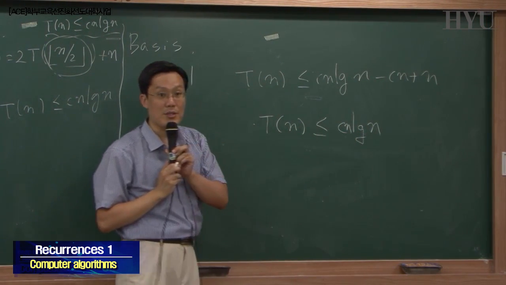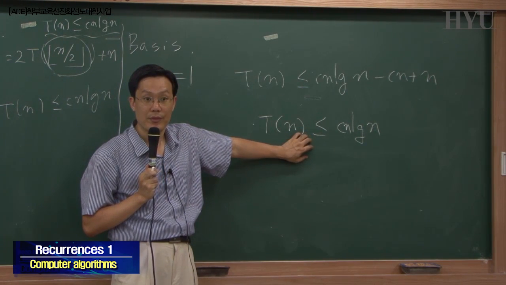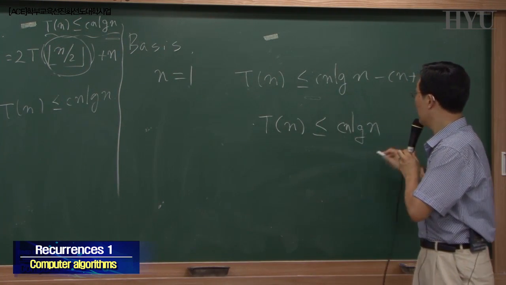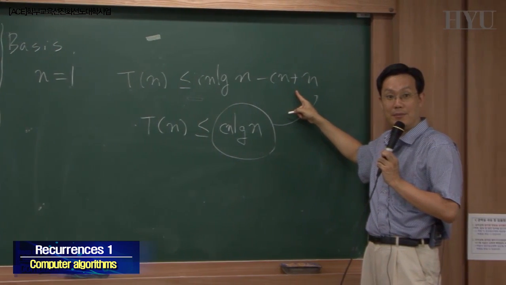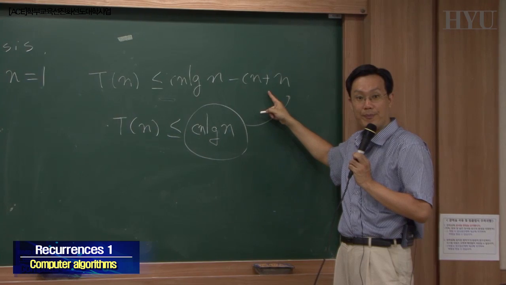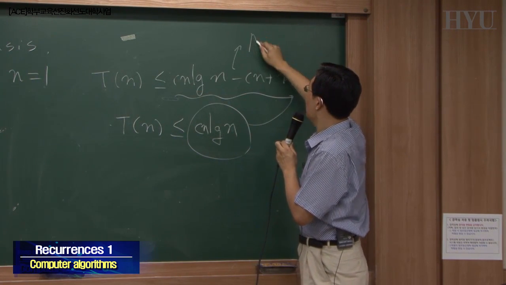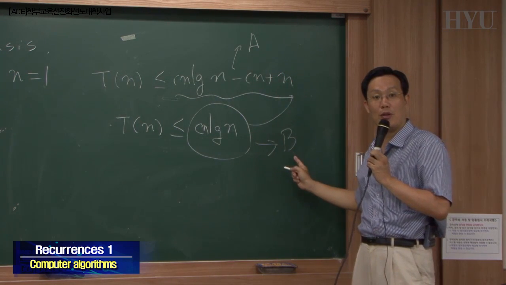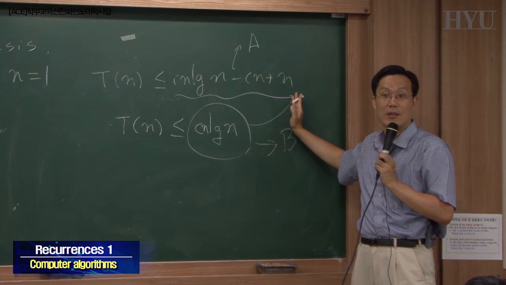We have to show this. Okay? This is the aim of the proof. So, if this is bigger than this, it's done. Let's say this value is A and this value is B. Then if A is smaller than or equal to B, the proof is completed.